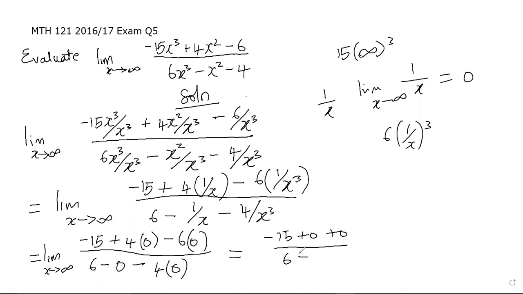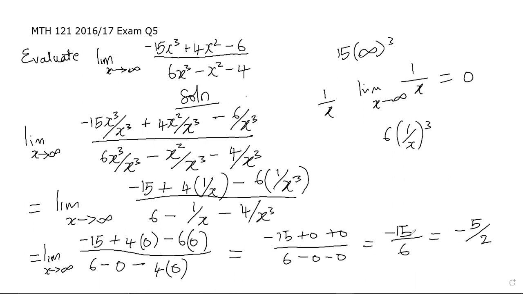What you are left with is minus 15 over 6, which is the same thing as, if 3 divides 15, that will be 5, and 3 divides 6, 2, minus 5 over 2.